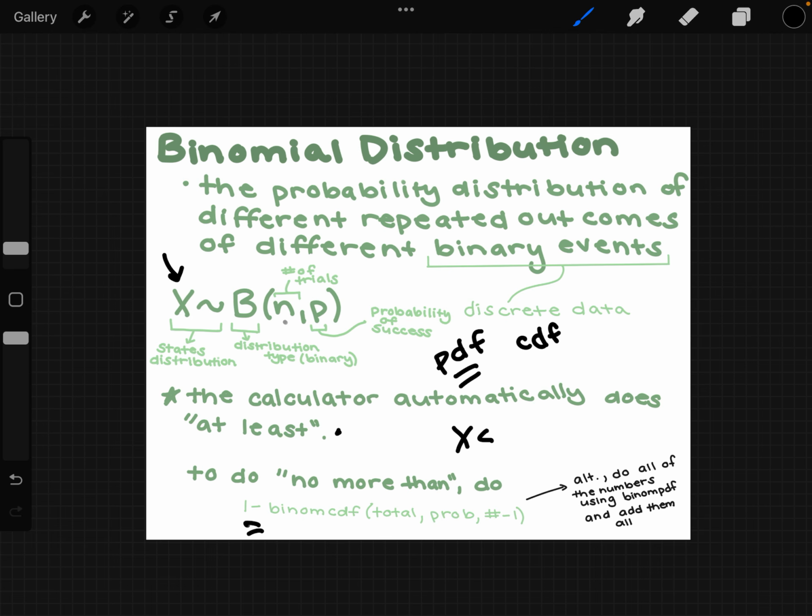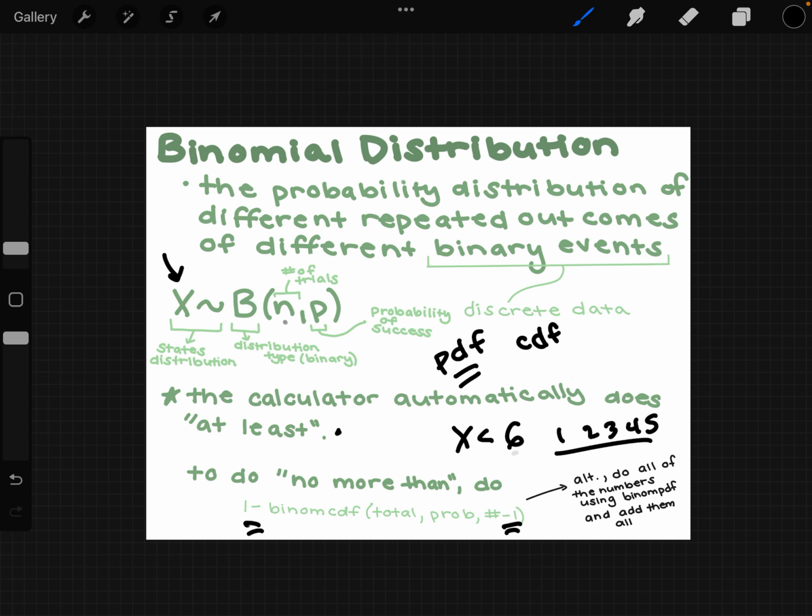The reason we're doing it that way is because we want x to be no more than 6. So we want to include all the times 1, 2, 3, 4, and 5 when x is no more than 6. All of those situations are correct. However, if we included 6, then x would be 6, and that doesn't fall in line with the problem. So we cannot use that number. That's why we're doing the minus 1 here.